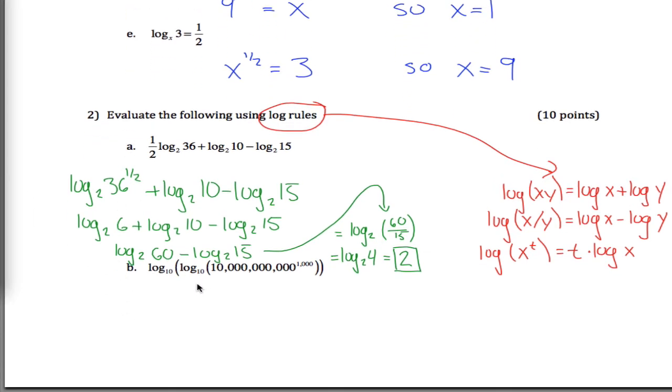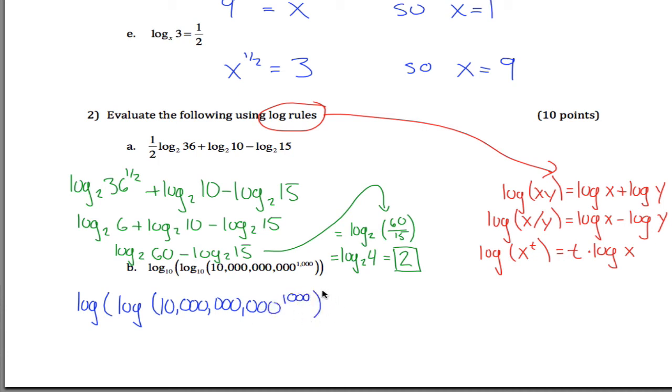Alright, last problem. Log base 10 of this mess. Maybe I'll just write log. You don't have to specify. If you don't specify the base, it's assumed that it's 10. And what do I got? 10 billion here. A 1 with 10 zeros after it. That'll be important. Raised to the 1,000 power.